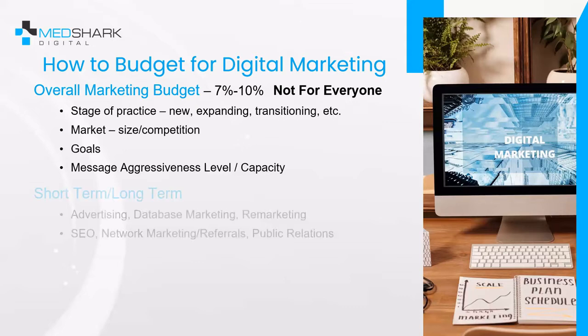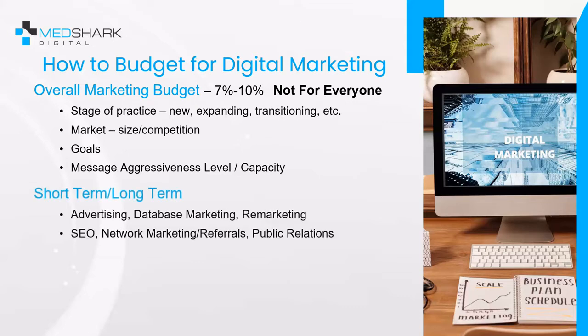Other things you want to take into consideration when establishing your digital marketing budget is the strategies that you're employing. The difference between advertising, which is going to be things like pay-per-clicks on Google Ads or Facebook, Instagram, they will require a larger portion of the budget if we're wanting to generate a high amount of response immediately.